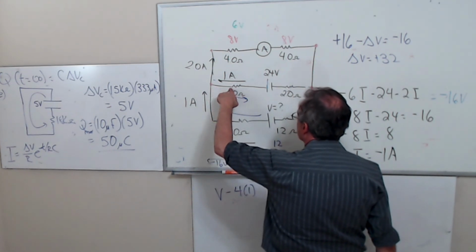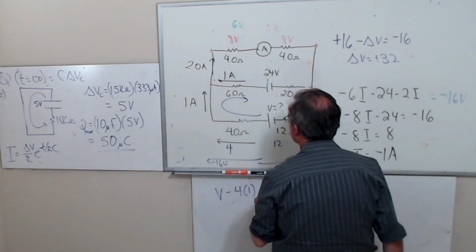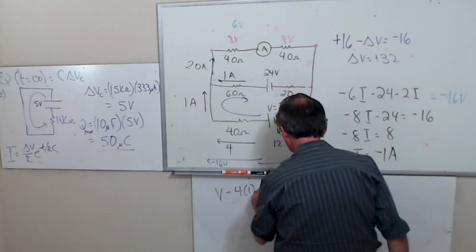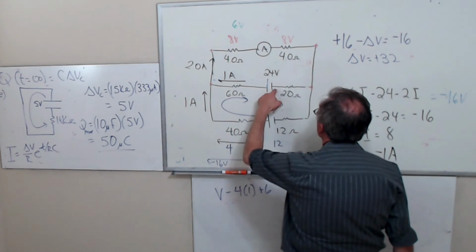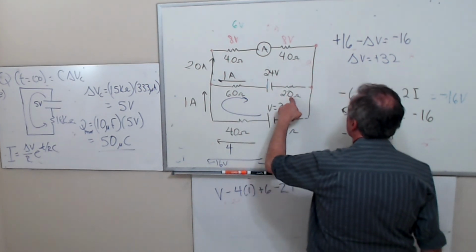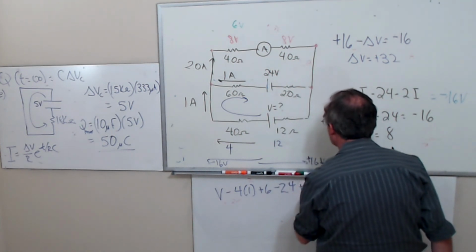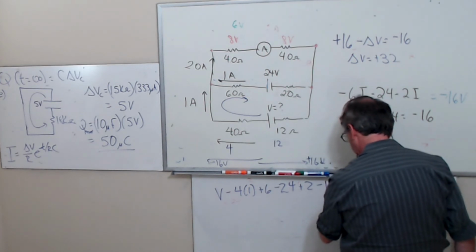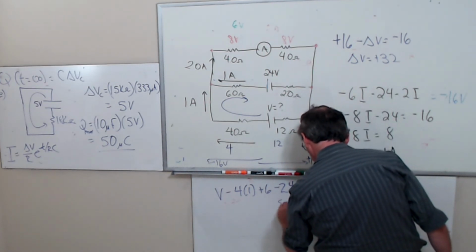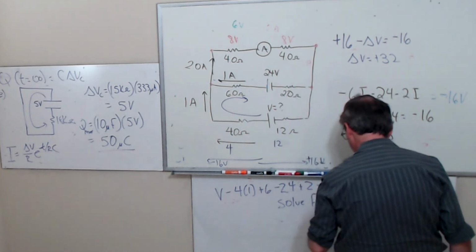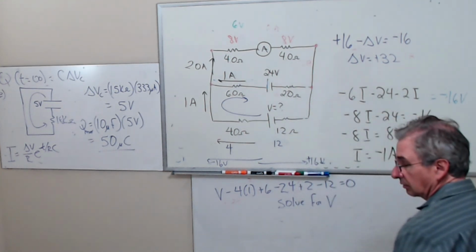And then this is a voltage gain, 6 times 1. Voltage drop, voltage gain, and then a voltage drop. Should get the same thing.